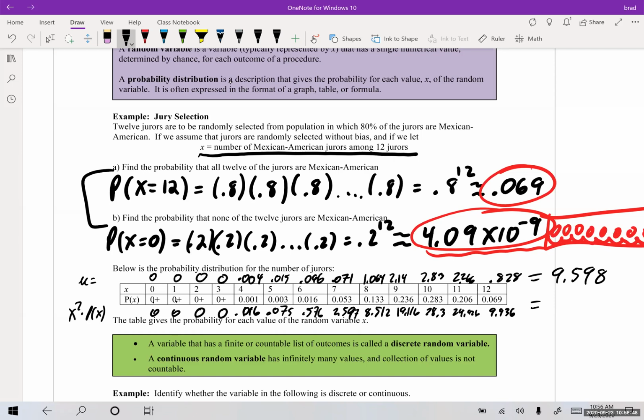And if you add all these up, you get 94.054, and then to find the standard deviation, you would square root 94.054. So second function, square root of 94.054, and we get 9.69.